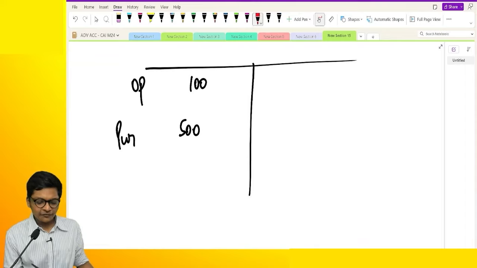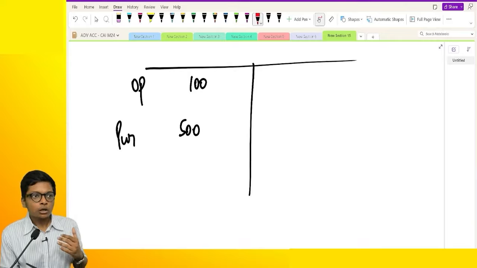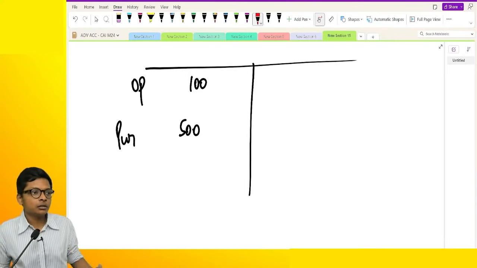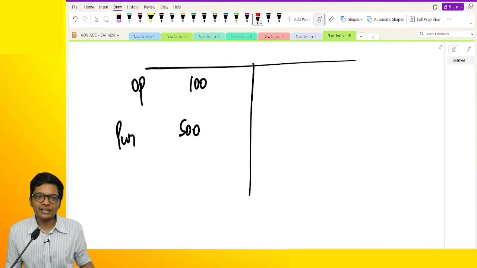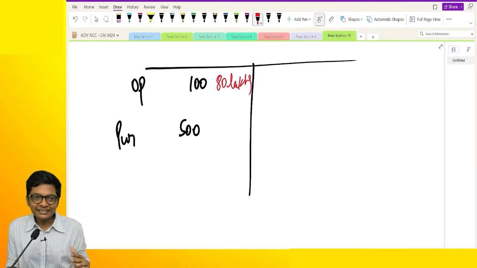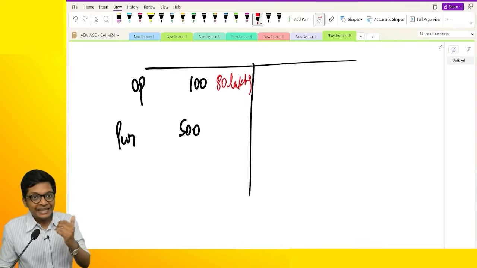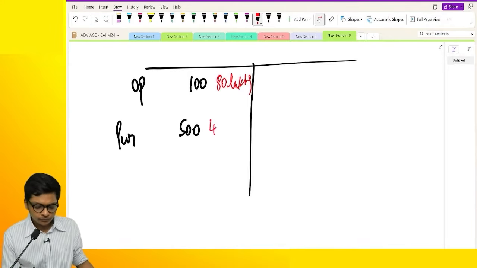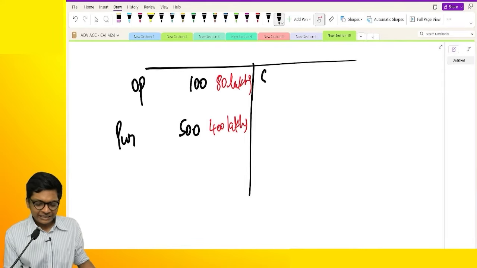Assuming stock is at cost, assume one iPhone is 80,000 rupees. 80,000 into 100, cost how much? 80 lakhs. I purchased another 500 iPhones at 80,000 rupees. How much? 400 lakhs, 4 crores.